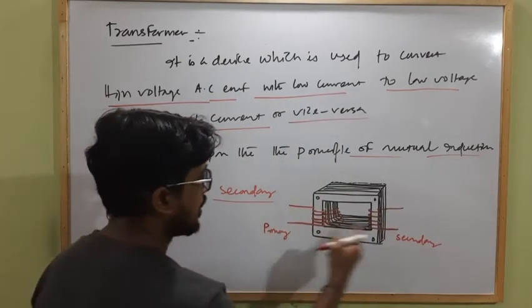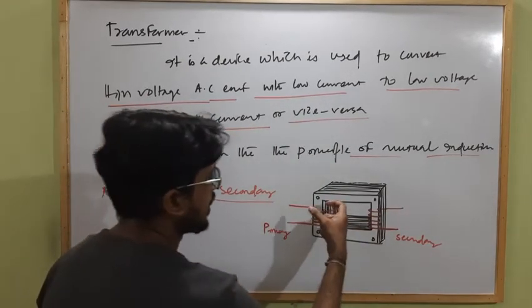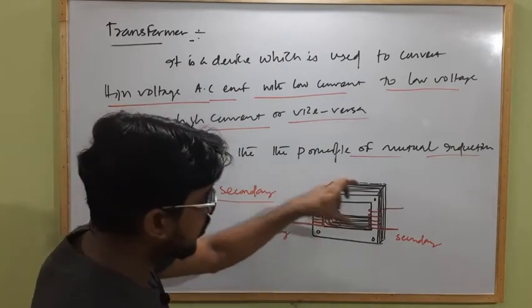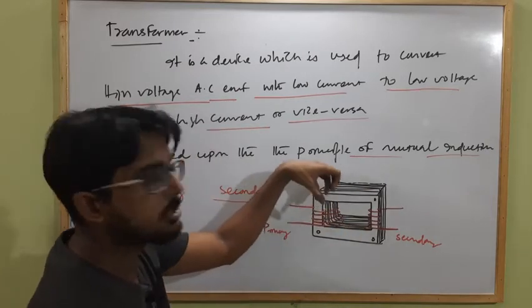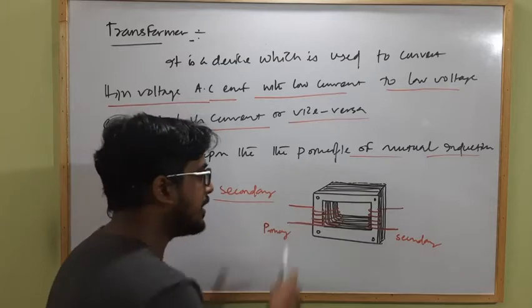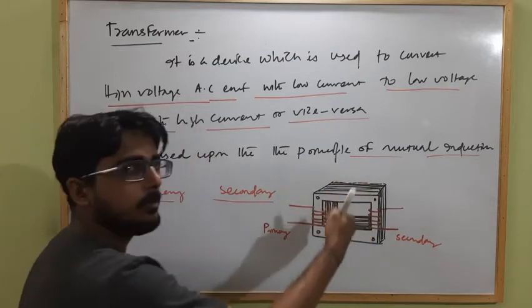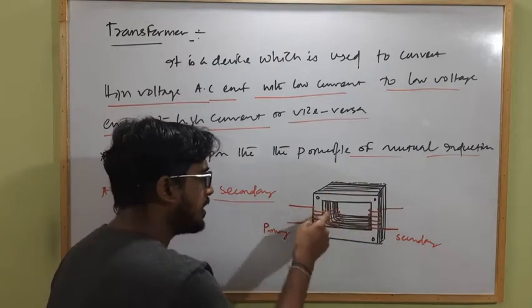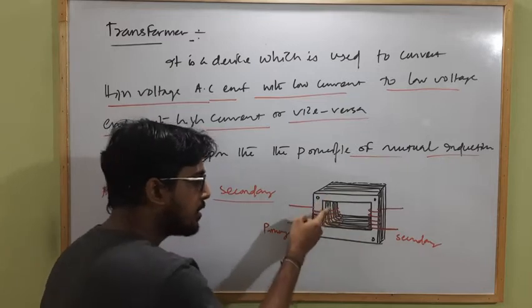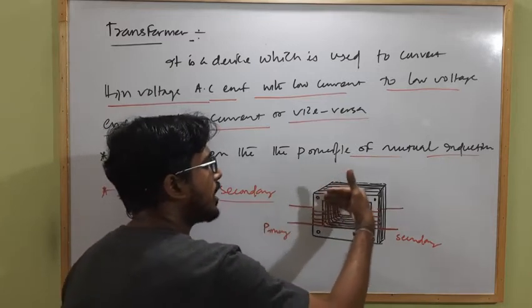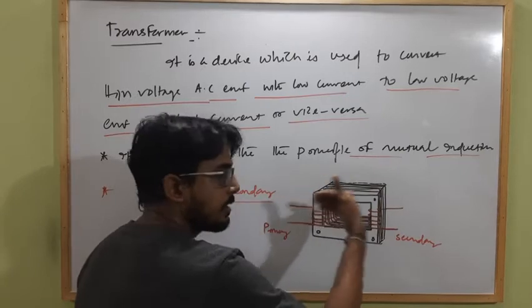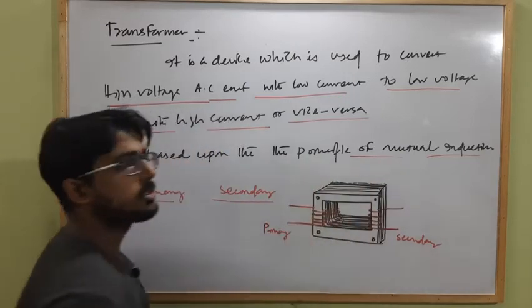This will be primary, this will be secondary, and there is a soft iron core of this form which is made of a large number of thin plates, and each thin plate is insulated from each other. So these coils are insulated from the plate, and the large number of thin metallic plate sheets are also insulated from each other.